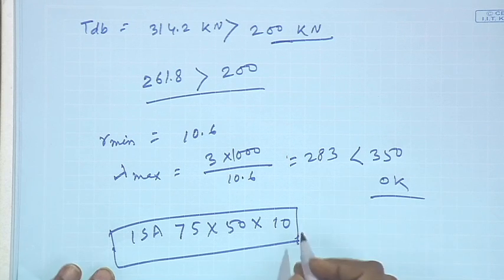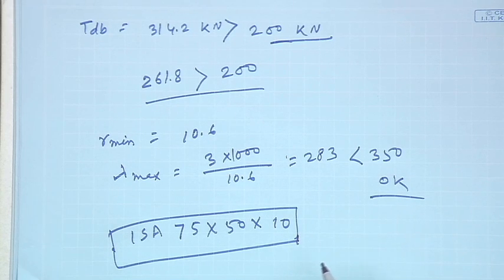Okay. So, here we can see that one step lesser size of angle may be safe. However, we have to check, because our required load was 200 kilonewton, external load was 200 kilonewton, and the design strength we are getting 262 kilonewton, which is little higher than the load coming into the member.